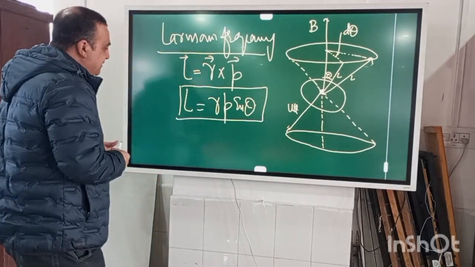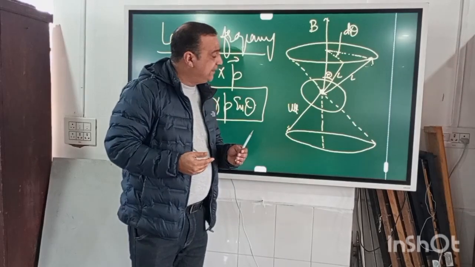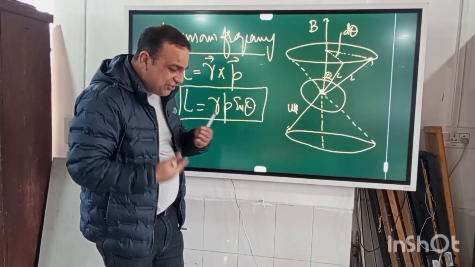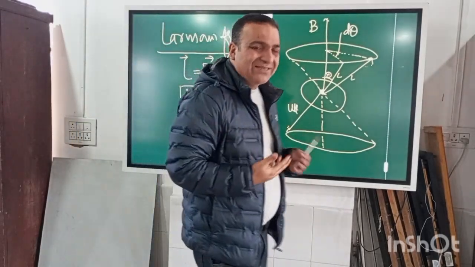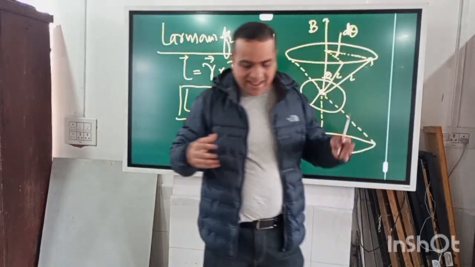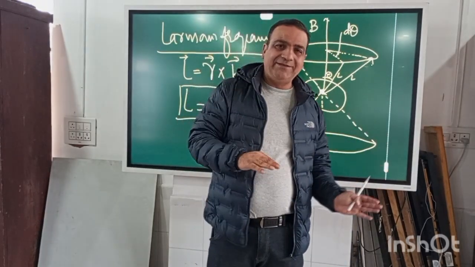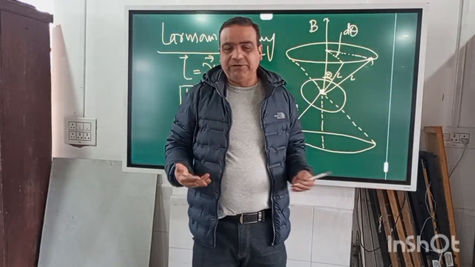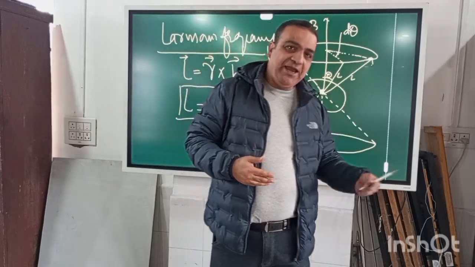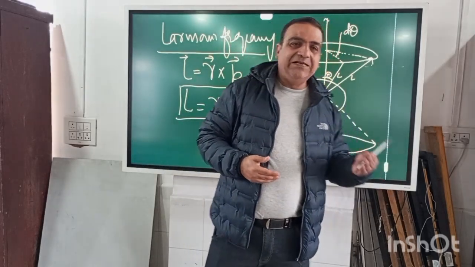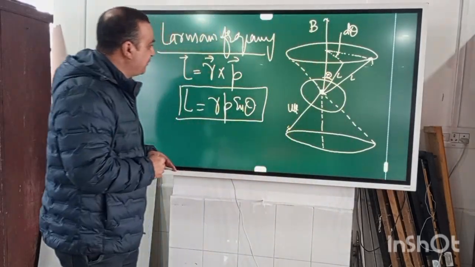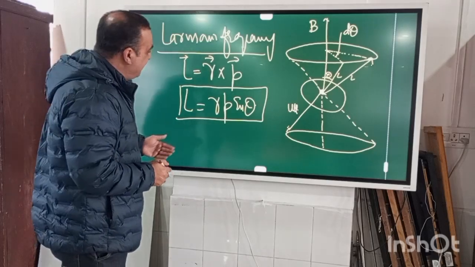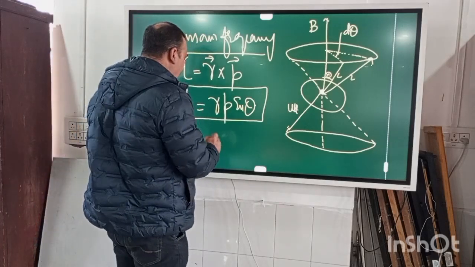And obviously, a changing angular momentum results in a torque. So you can have the torque leading to the angular momentum, and the reverse, the change in angular momentum leading to what's called torque. So what is torque?